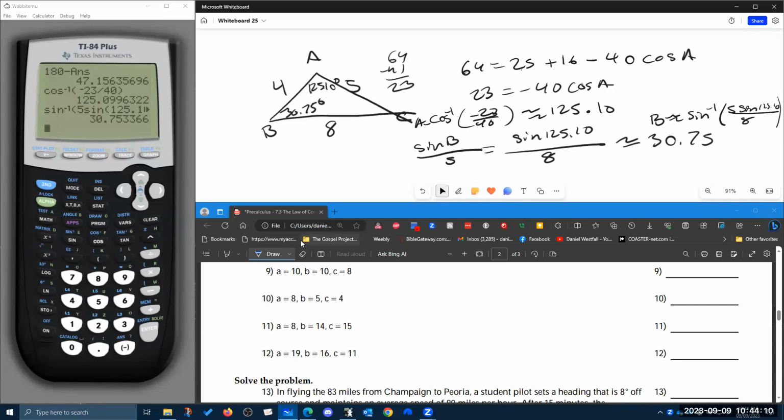And add 125.1 to that, and take 180 minus that to get 24.15.